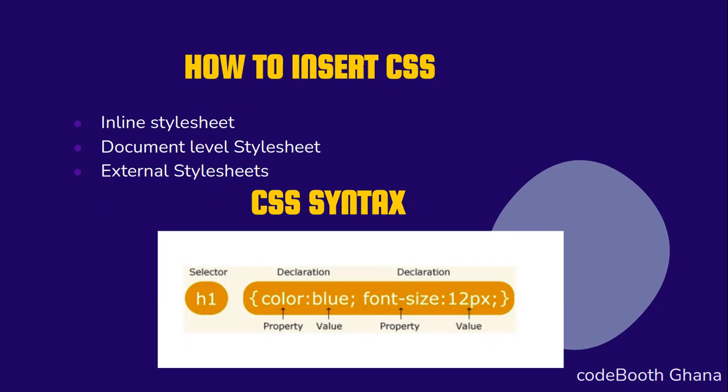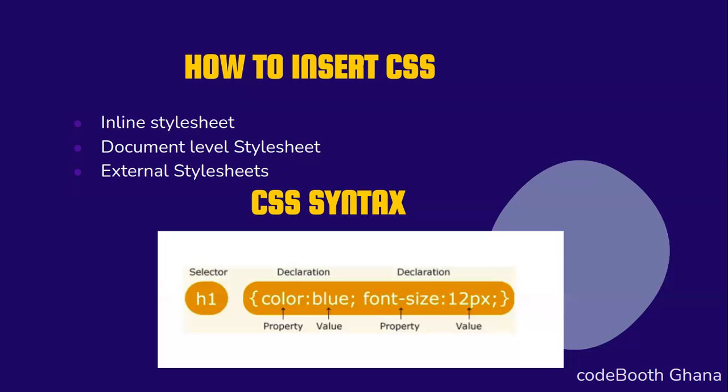The first one is the inline style sheet. Then the second one is the document level style sheet. And the last one is external style sheet. These are the three main ways of adding CSS or style to your website.